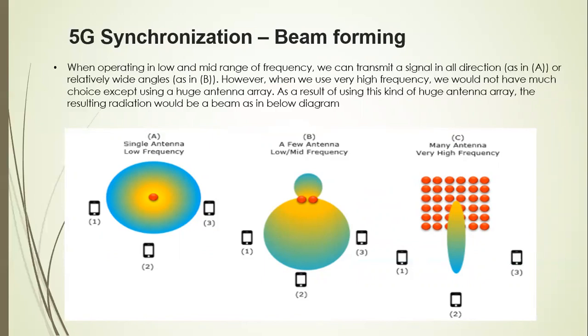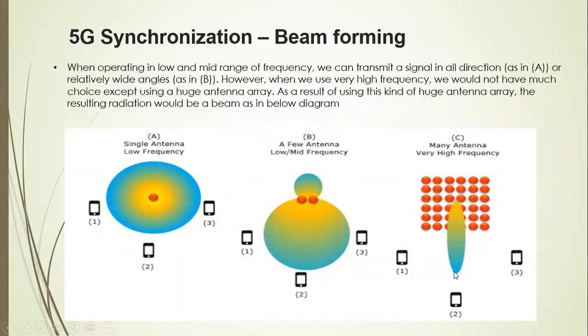So if you see the leftmost diagrams, low frequency and mid frequency, when it is a single antenna, the radiation propagates throughout the coverage area in circular form. But if you come to the mid-range, then it becomes slightly lower, and you may need multiple antennas to cover the same coverage area. But when it comes to 5G, which is operational at very high frequencies like millimeter waves, then the coverage becomes very narrow.